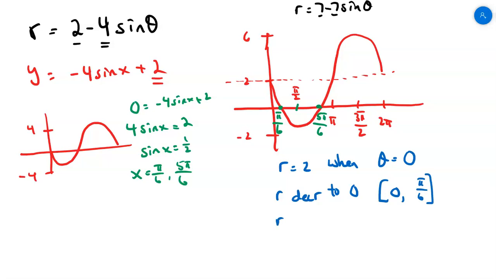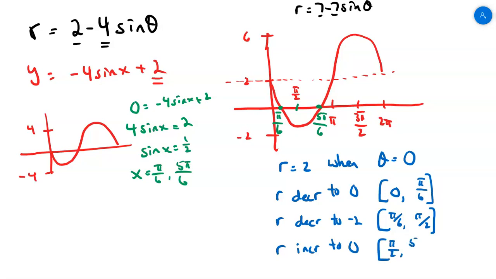Then it decreases to -2 on the interval from pi over 6 to pi over 2. Okay, picks back up again. Radius increases to 0 from pi over 2 to 5 pi over 6. And then it increases back to 2 by the time it gets to pi.